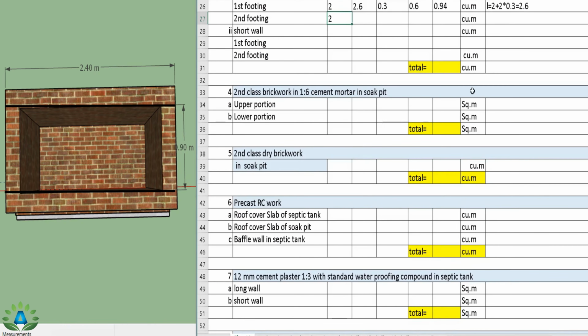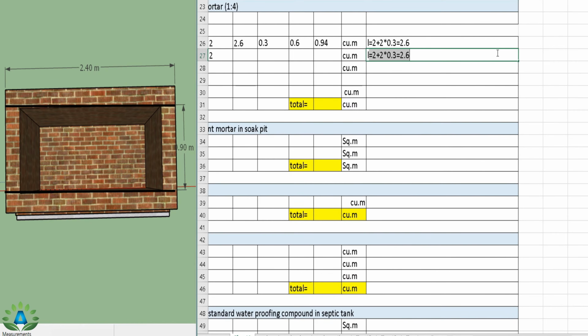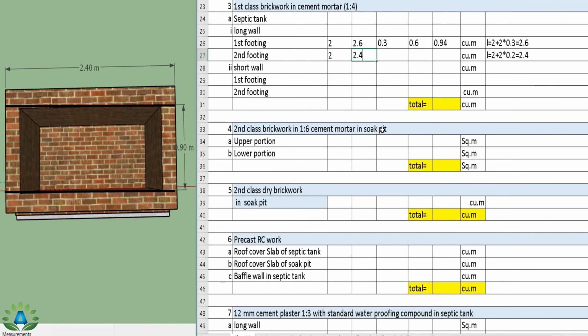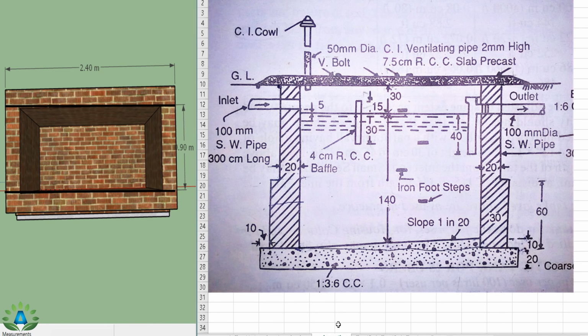So I can easily write the length equals 2 meter wall plus 2 times 0.2 meter width of the wall, that is 2.4 meter. So the length equals 2.4, and we have this width of the wall 0.2 meter, that means this portion is 0.2.